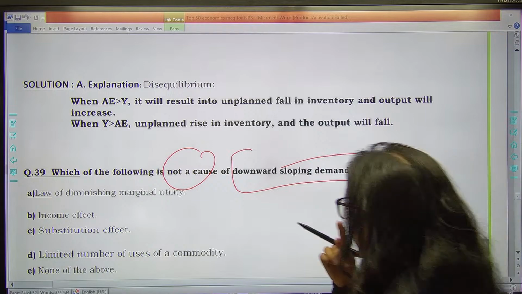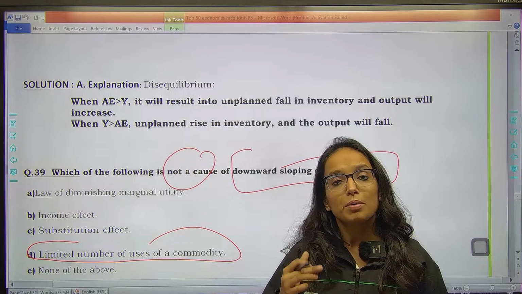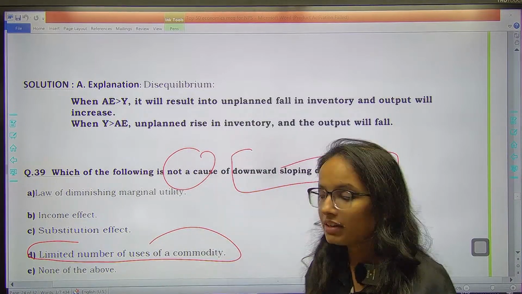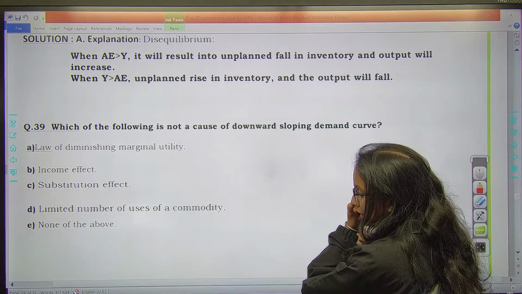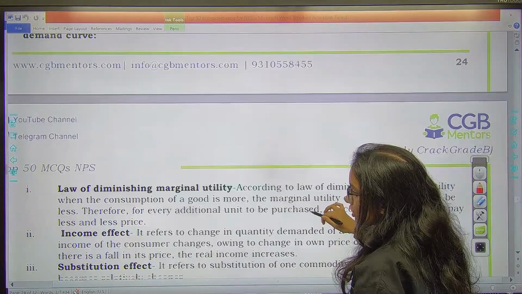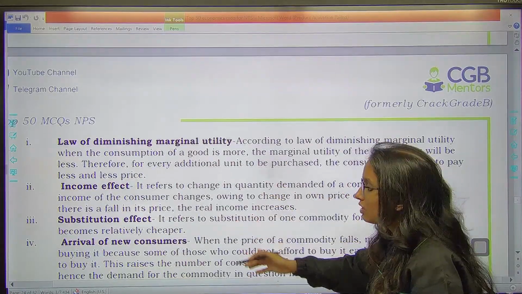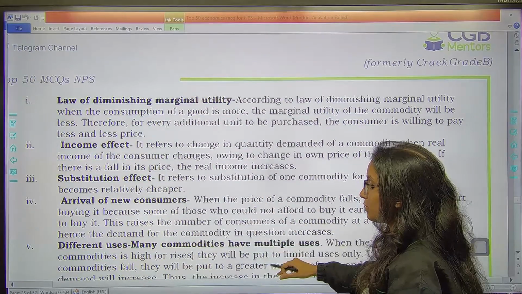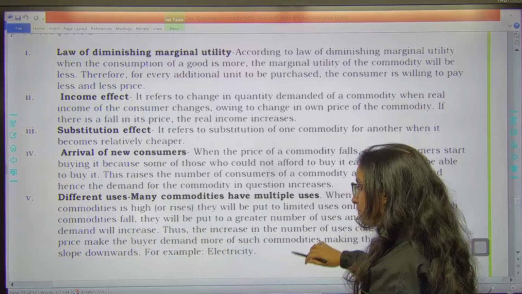Very good. So here, limited number of users is not a reason because multiple users are a reason, right? Why? Because if it becomes expensive, multiple users will get affected. Limited number of users is not one of the reasons. So you know why the demand curve slopes downward. Law of diminishing marginal utility is there, income effect is there, substitution effect is there, arrival of new consumers can be there, and different uses are there. So no limited number of users, but different uses are there.